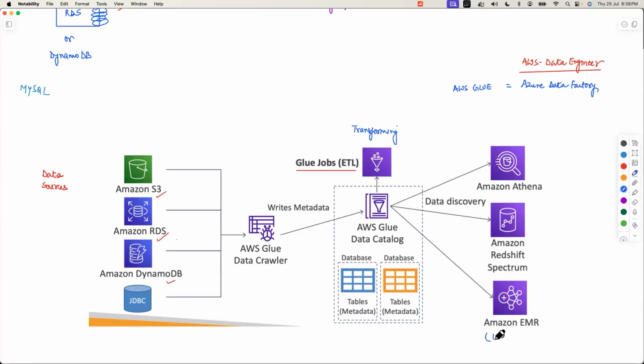EMR is Elastic MapReduce. Correct, everyone? That is the use case of Glue as an ETL offering when you are migrating data from various sources. Make sense, everyone? Is it clear?